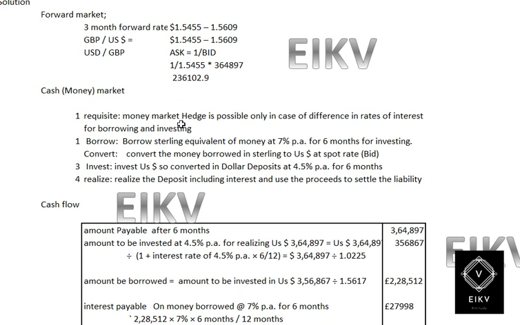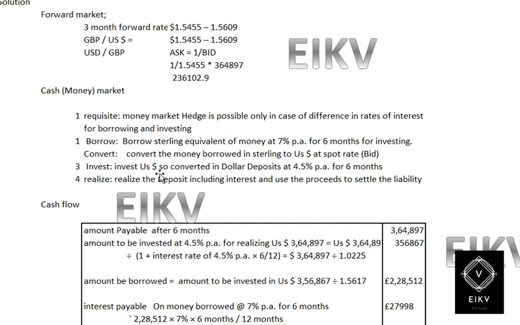Now the cash money market. A money market hedge is possible only if there is a difference in rates of interest for borrowing and investing. Number one, borrow sterling equivalent at 7% per annum for 6 months for investing, and then convert on the same date that money borrowed in sterling into USD at spot price, which would be the bid.